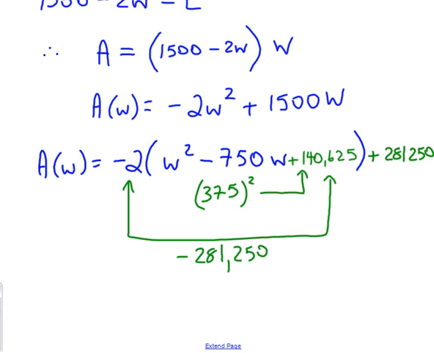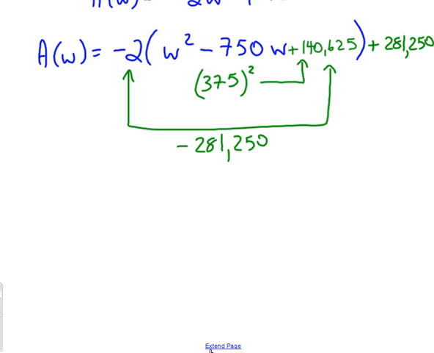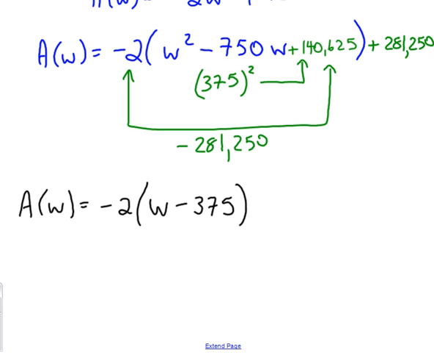So let's now write this in standard form. Standard form: area in terms of width equals negative 2 (w minus half of 750, 375) squared plus 281,250.